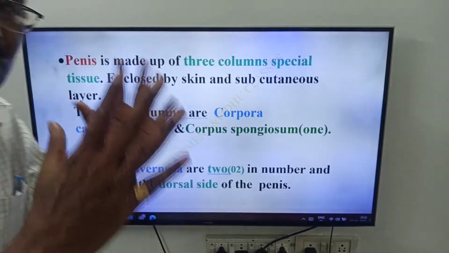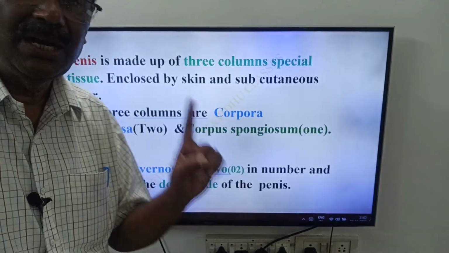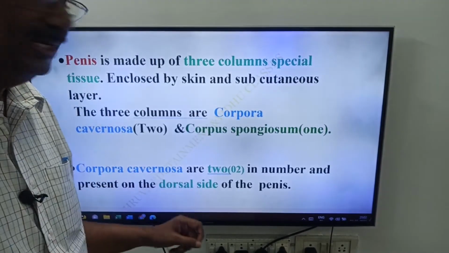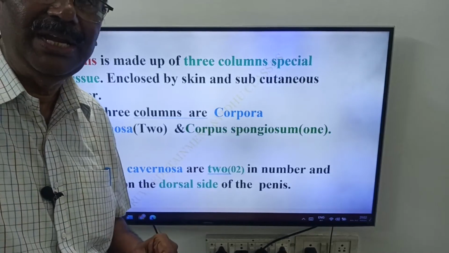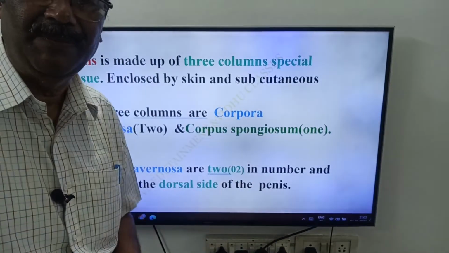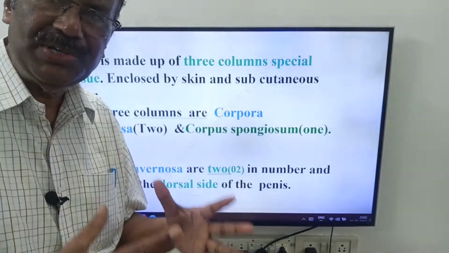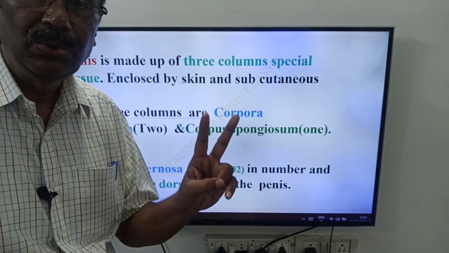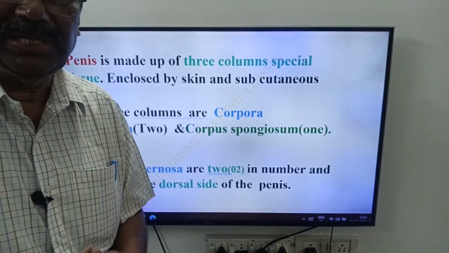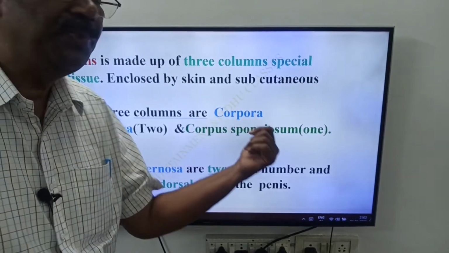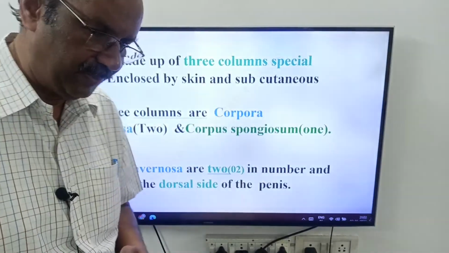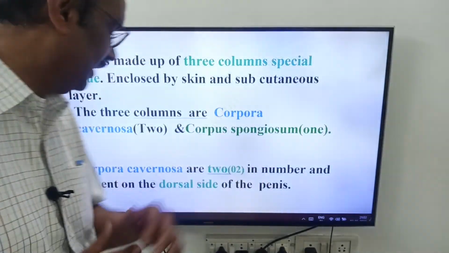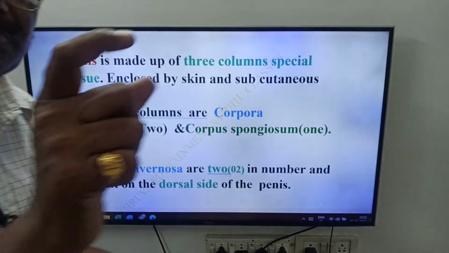See, friends, what are those 3 columns? They are corpora cavernosa, 2 in number, and corpus spongiosum, 1 in number. Very, very important for NEET and EAMCET. The corpora cavernosa are 2 in number and present on the dorsal side of the penis.